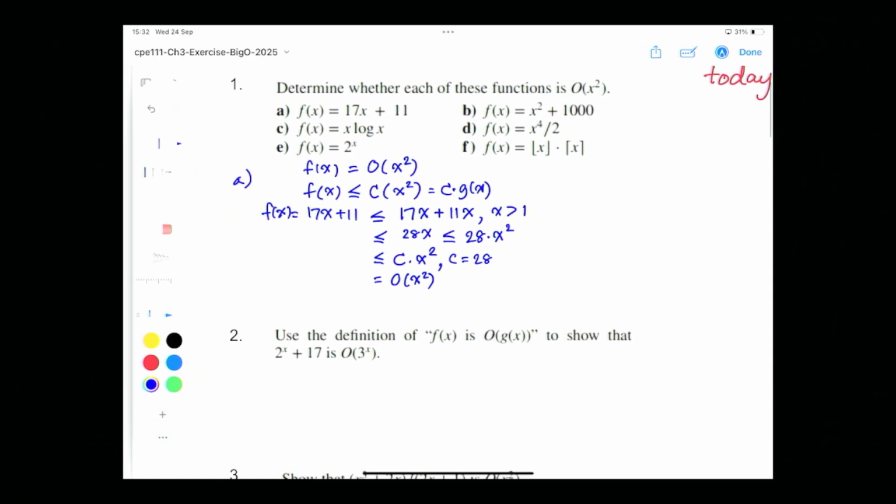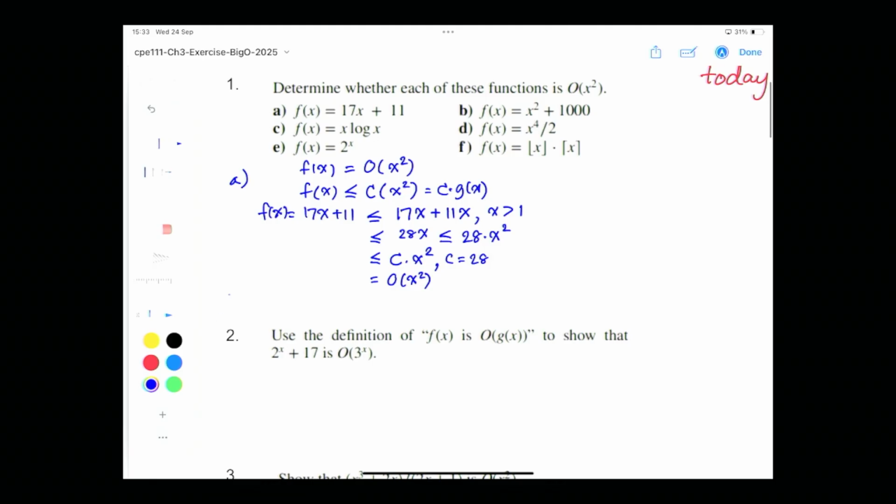What about problem C? f(x) is x log x. Make it in the form C times g(x), less than or equal to. We see that this term x log x is also less than x squared when x is greater than 1. C can be 1.